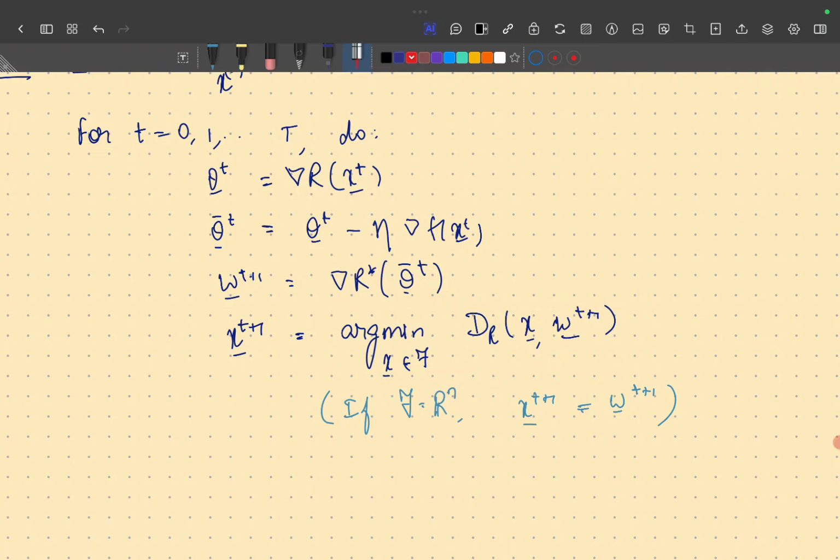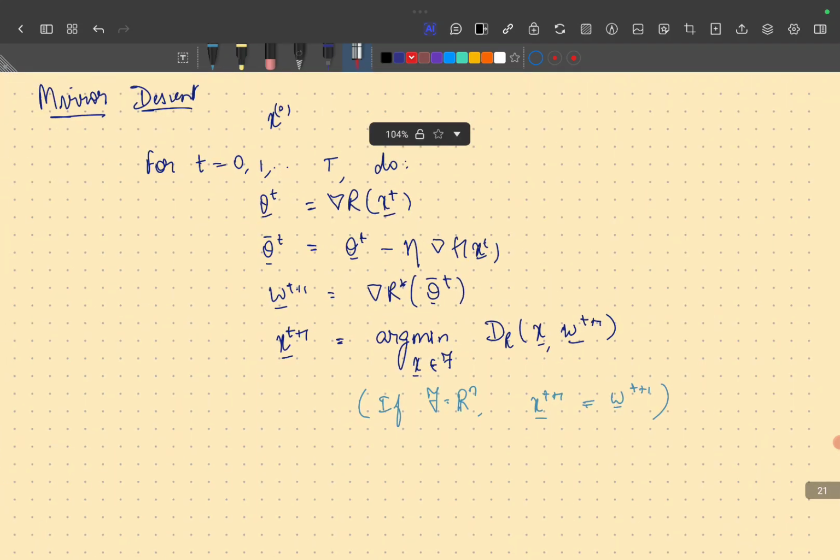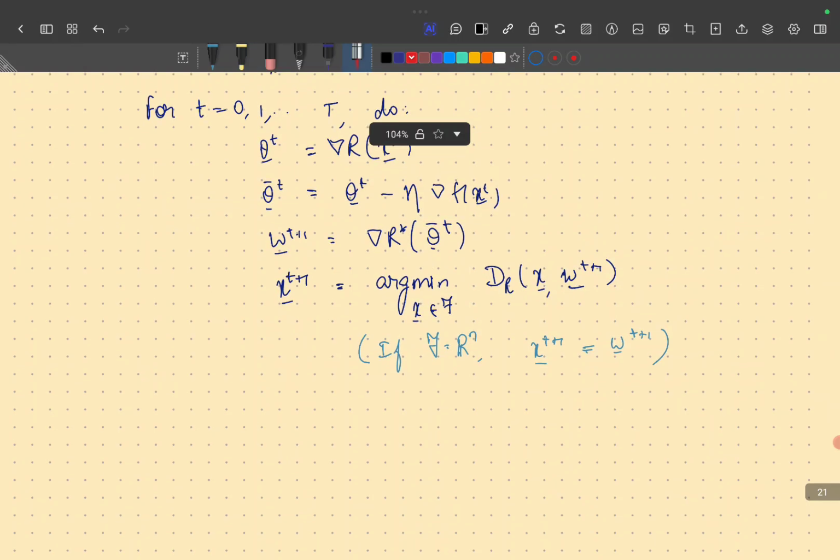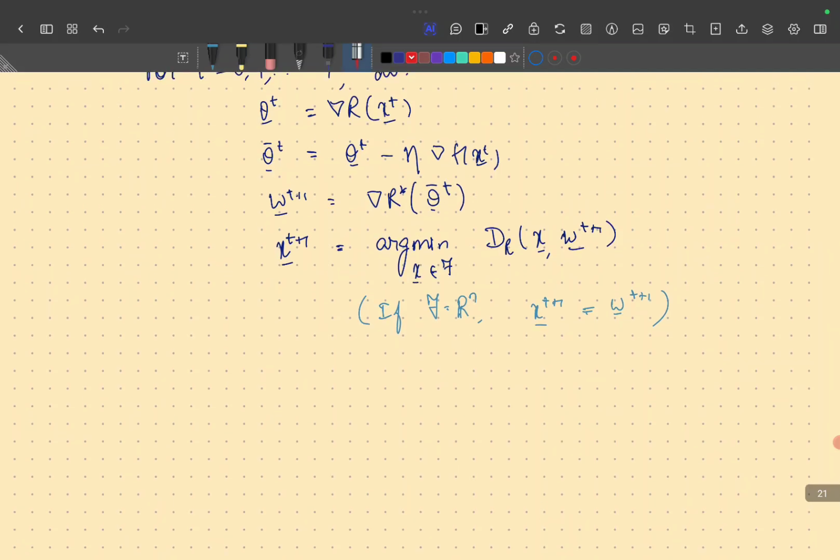All right. The reason this is called mirror descent is because of this mapping from xt to theta t. We're going from the space of xt to the space defined by the gradient of R, and then coming back. If I have to draw a picture, I have this constrained optimization problem.